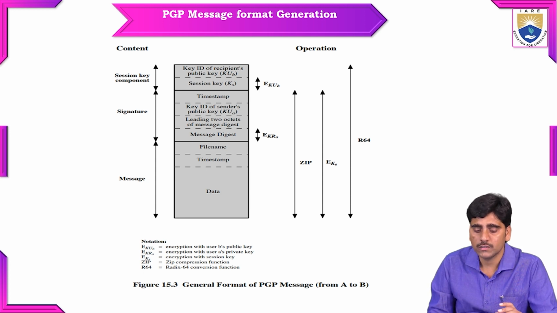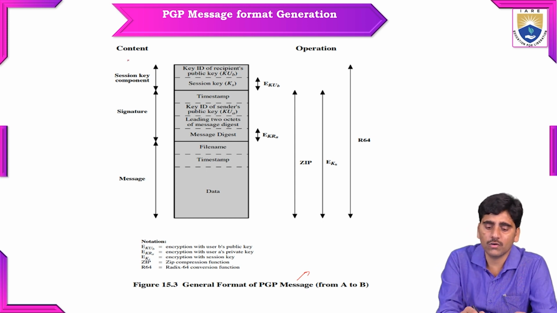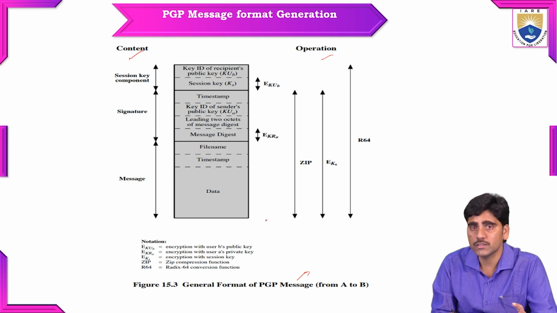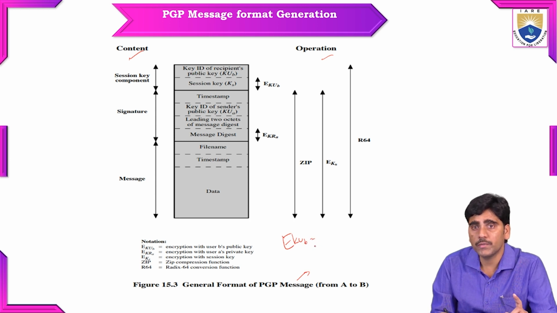Here is the general format of a PGP message. Each PGP message consists of public and private key pairs generated from the session key component. Here we can see the content and the operation. The notation E, K, U, B indicates encryption with user B's public key.